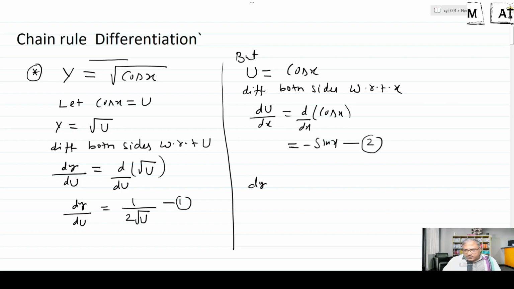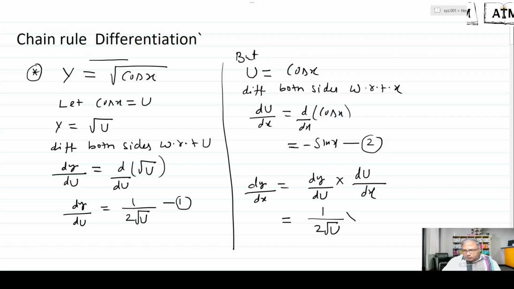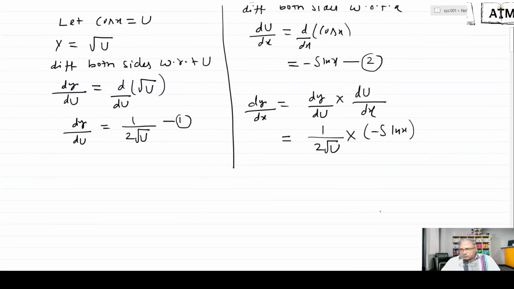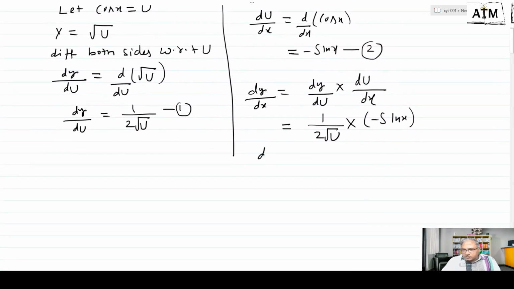After that, dy by dx equals dy by du into du by dx. What is dy by du? 1 upon 2 root u, and du by dx is nothing but minus sin x. So dy by dx equals minus sin x upon 2 root u.